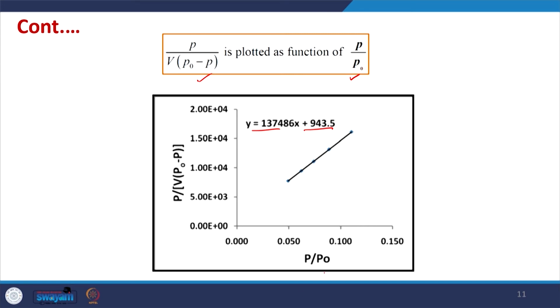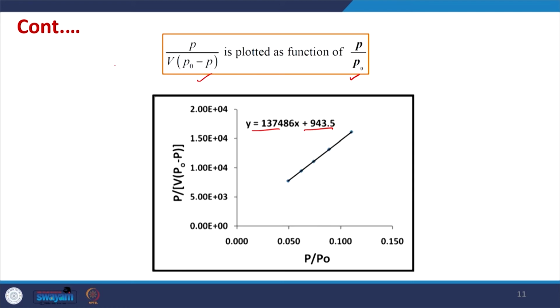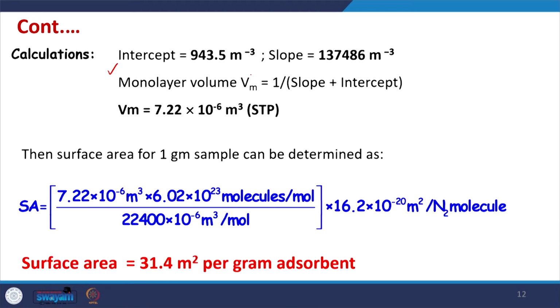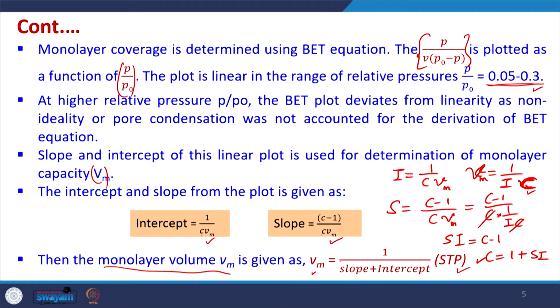Now, once this is given, we use this data to perform other calculations. So, what are those calculations? We know that the intercept is 943.5 and the slope is this value. Now, the monolayer volume, if you remember, was given as 1 by slope plus intercept.